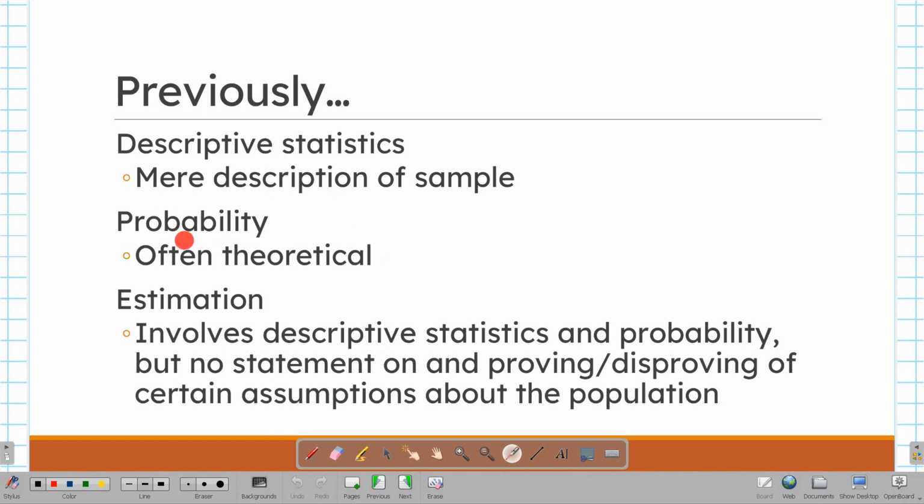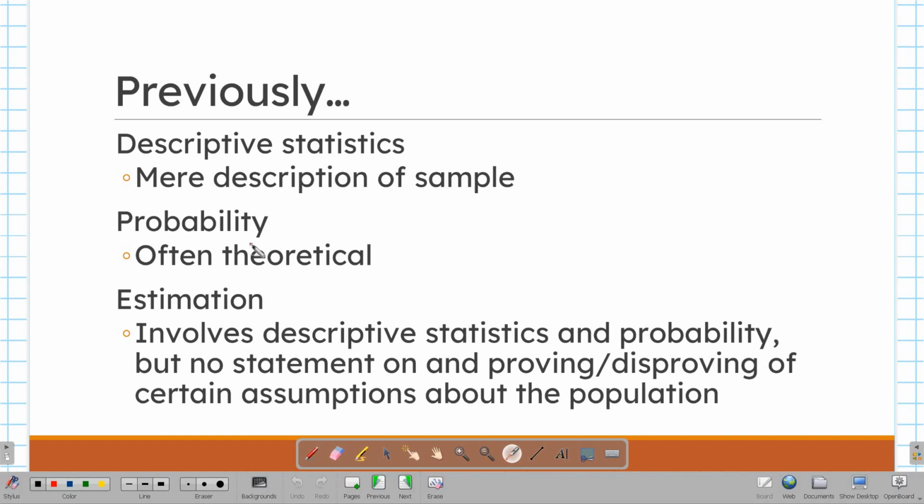And then we would go to probability. Given the descriptives, we can then usually find the probability, but it's often theoretical because it's a probability. We don't know unless the event actually happens. We just get an idea of how big or small the chance is, but that's a theoretical perspective.